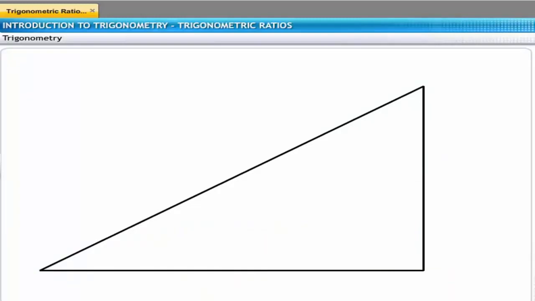In this lesson, we will study the ratios of the sides of a right triangle with respect to its acute angles. Let's begin by reviewing some key terms related to right-angled triangles. You may already know some of these. Triangle ABC is a right-angled triangle.